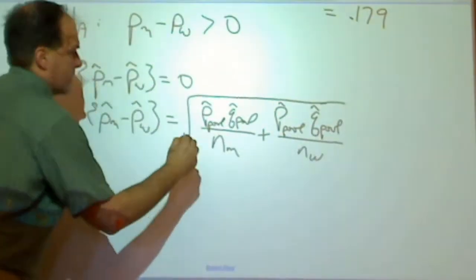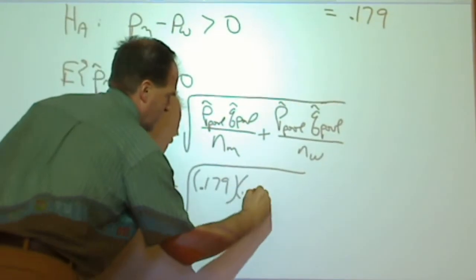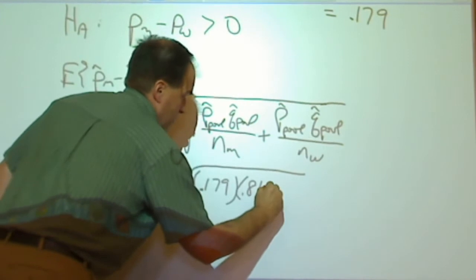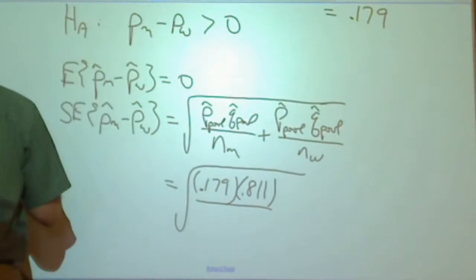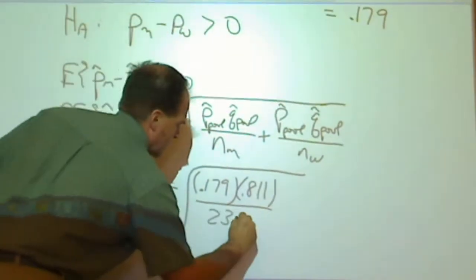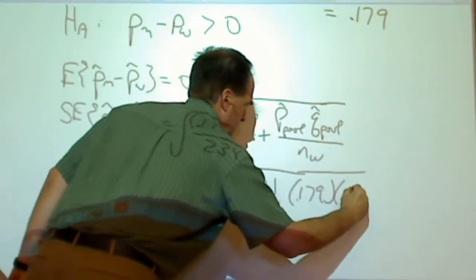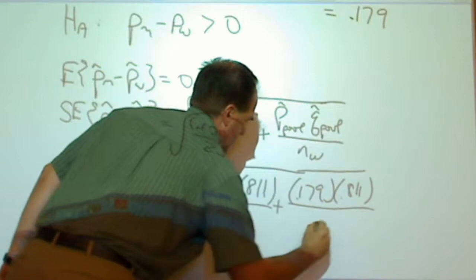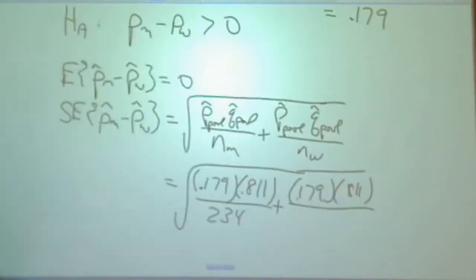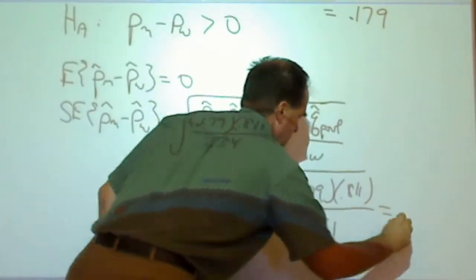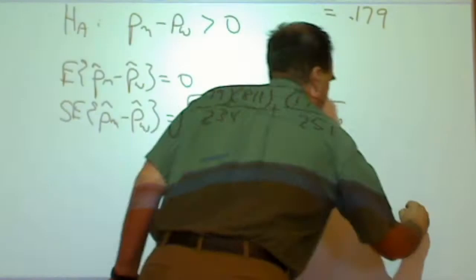Okay. All right. So as this look, 0.179. The q is 0.811. Number of men, 234. Okay, if you enter that in, I got 0.035.